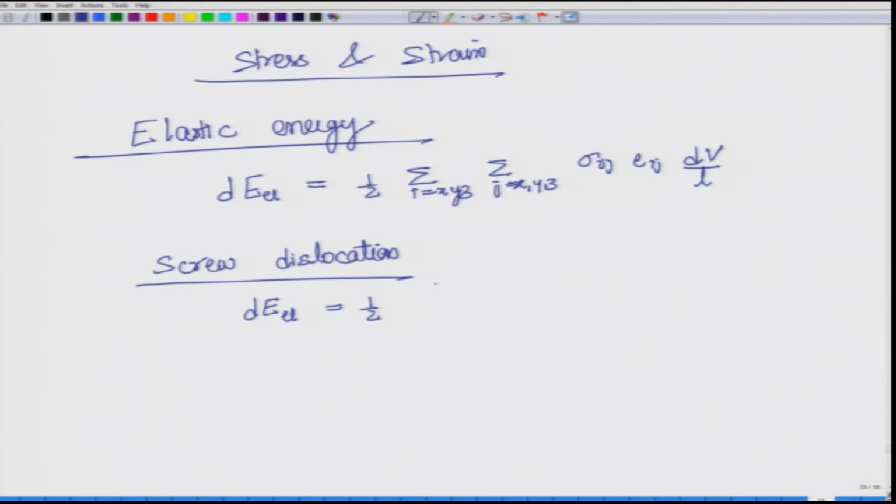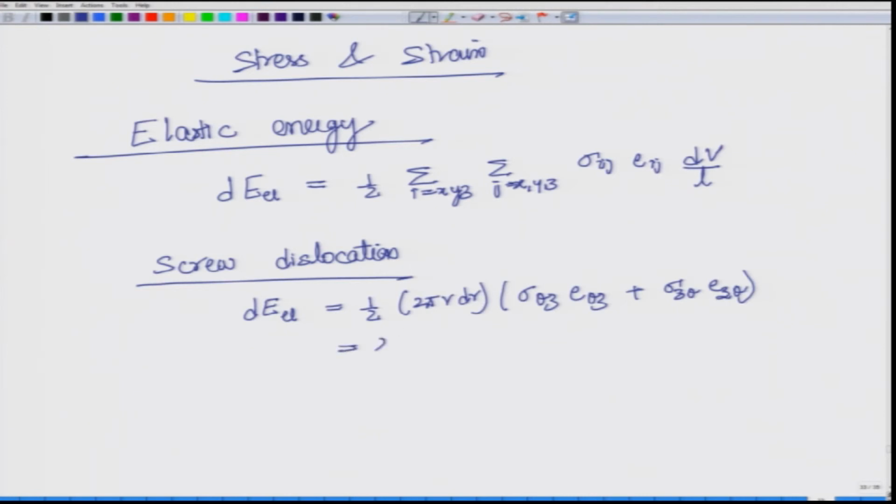So, when we take dV by L and integrate it over the region, sorry, we are not yet integrating. So, let us keep it in dr. So, we are talking about 2 pi r dr, which is the volume per unit length, and the two components we have are sigma theta z and sigma z theta. So, the corresponding strains we will multiply it with, so these two are similar quantities.